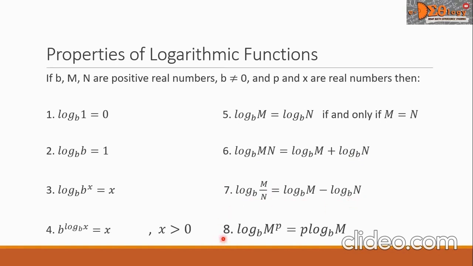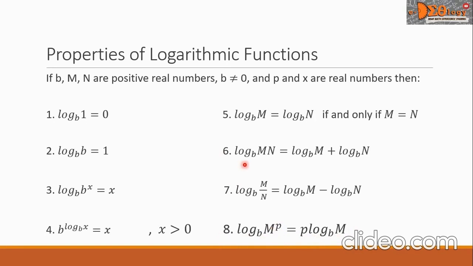Property number 8. The log of this M raised to an exponent p to base b is equal to p, which is the exponent, now put down as a factor. So this is p times the log of M to base b. Take note of this property 6, 7, 8.